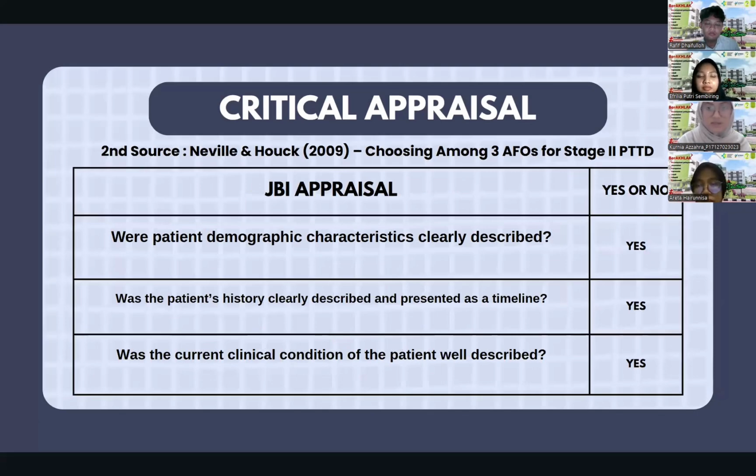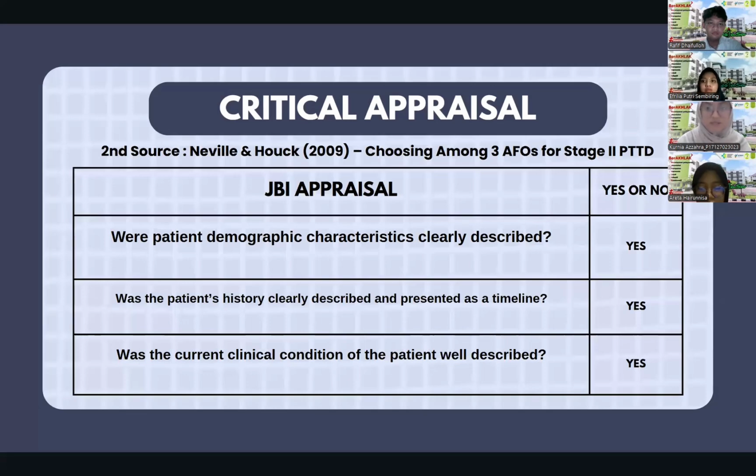And then we used the JBI checklist for the second journal because it is a case report, and these are the results. For the first one, the patient's demographic characteristics were clearly described, because the patient's age, gender, and medical history are clearly described. It is a 77-year-old woman with stage 2 PTTD.